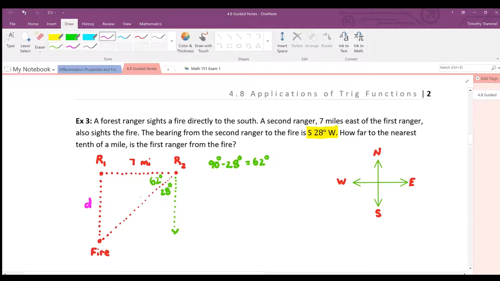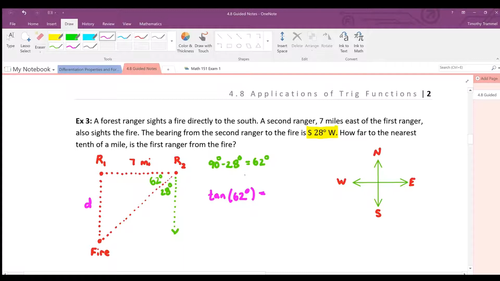Well, we can figure that out now because we have the adjacent side to the angle 62 degrees, and we are looking for the opposite side. So let's set this up. If we have the adjacent and opposite side, that sounds like we're going to be using tangent. So I have tangent of 62 degrees is equal to, TOA, right?